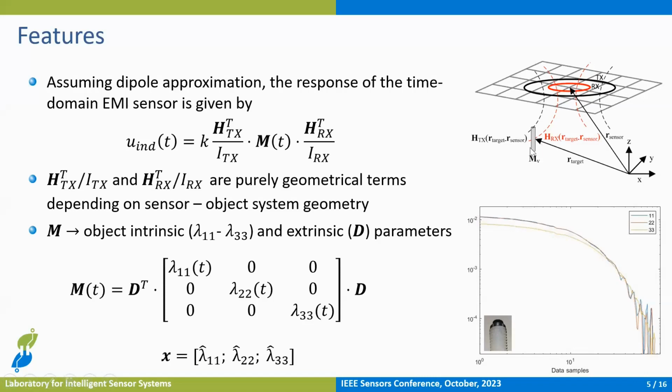If a metallic object is small enough or far enough from the sensor, the magnetic field passing through it is homogeneous within the object volume. In that case, we can replace this metallic object with a small magnetic dipole and use this formula to express the response of the metal detector.